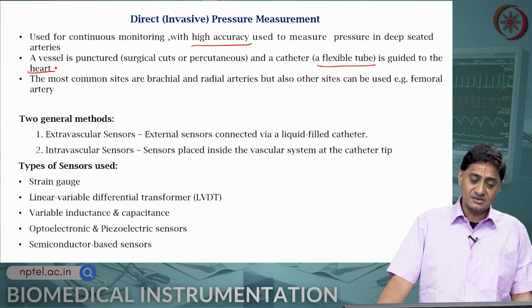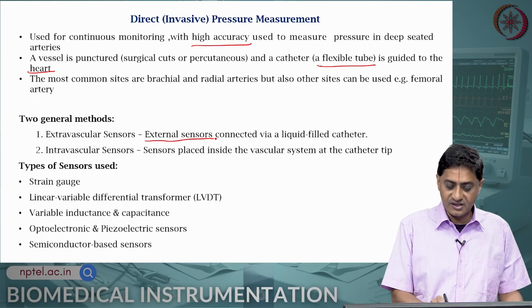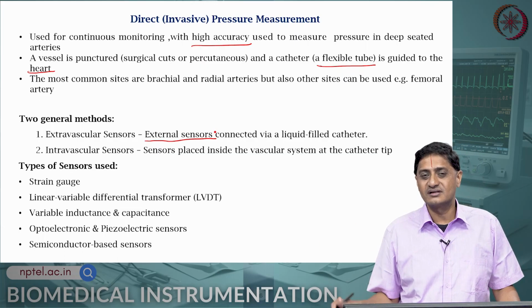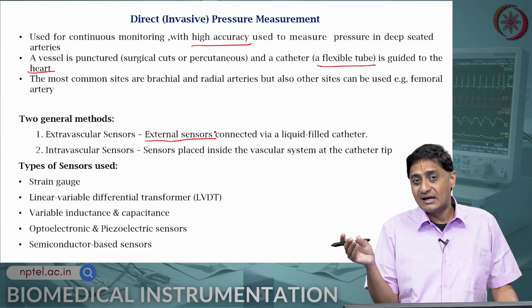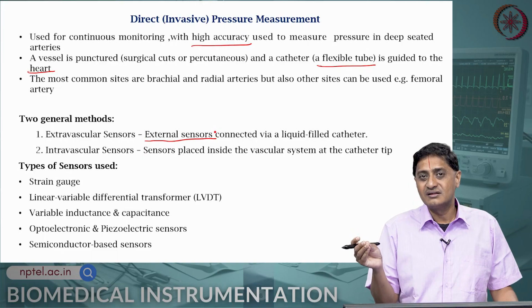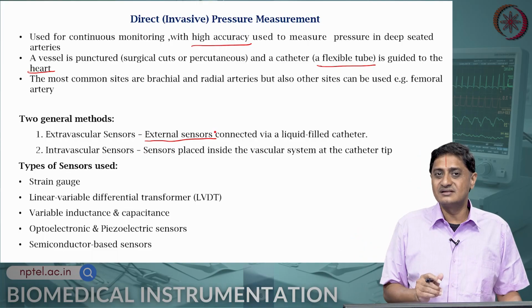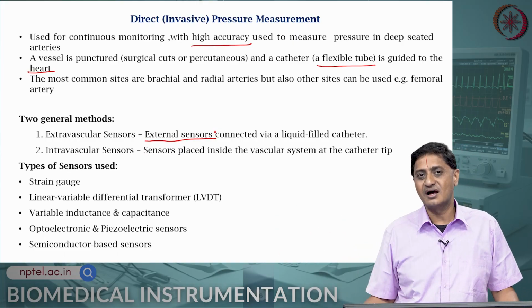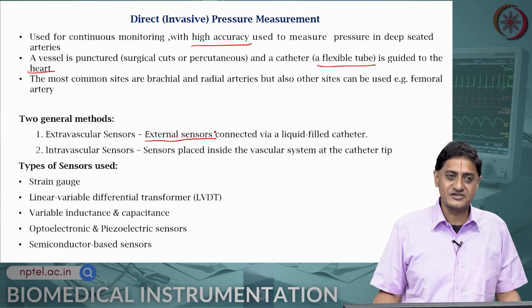The other method is the method using external sensors via a fluid filled catheter. Now, in this case, a fluid level in the catheter changes inside the measurement site, and that is reflected externally, where you can place a sensor.